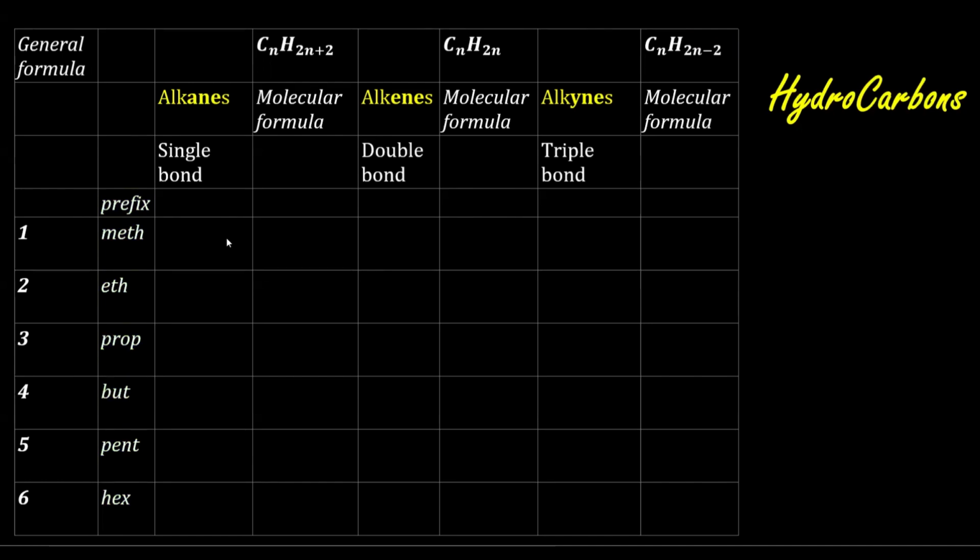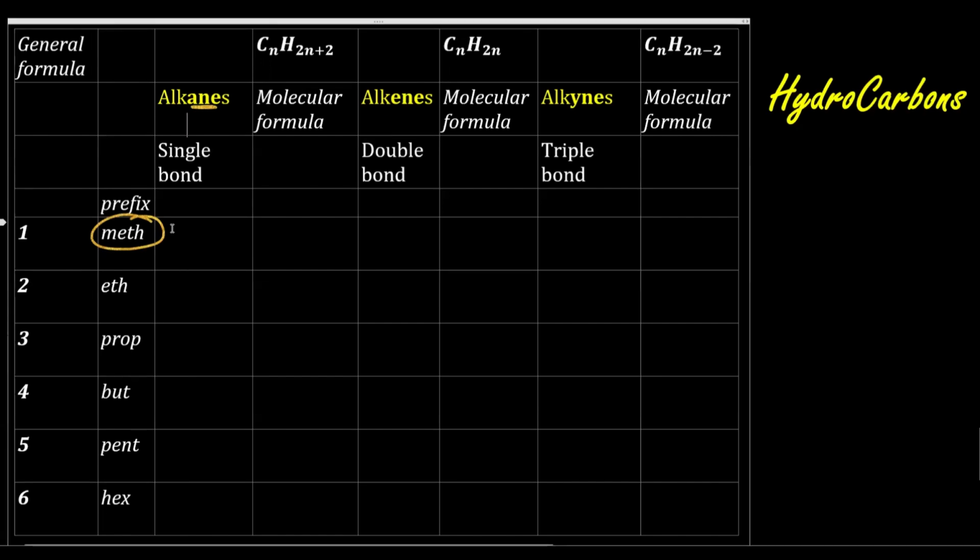First, I'm going to write the name and the molecular formula. If I have to form an alkane molecule, the first member of the alkane has one carbon atom. So I'll use the prefix meth, and the suffix ane.